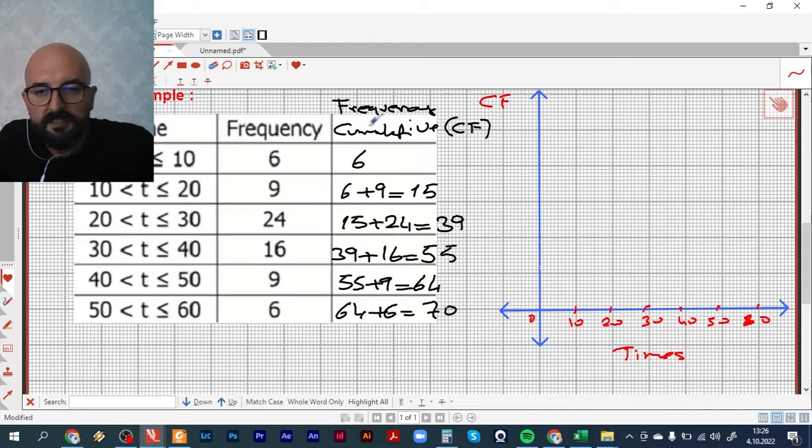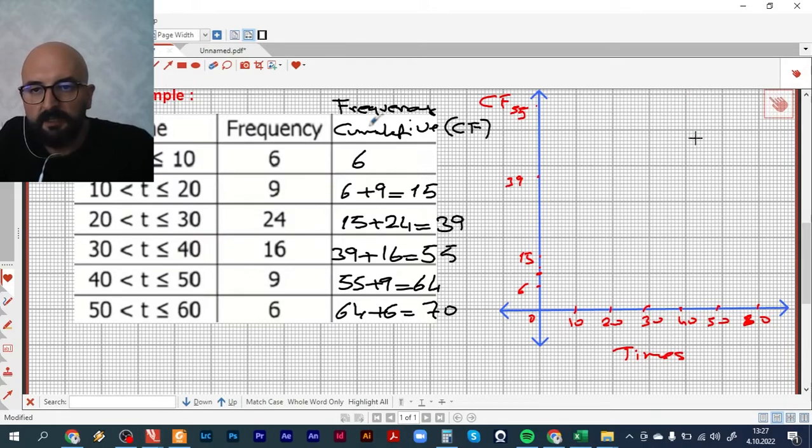The other one 6 and 15. I want to mark a short value for these 60, for example, like this point, and this is 10 and 15, this point, and 10, 20, 30, and 39, like this, and 40, 50, 55, like this.